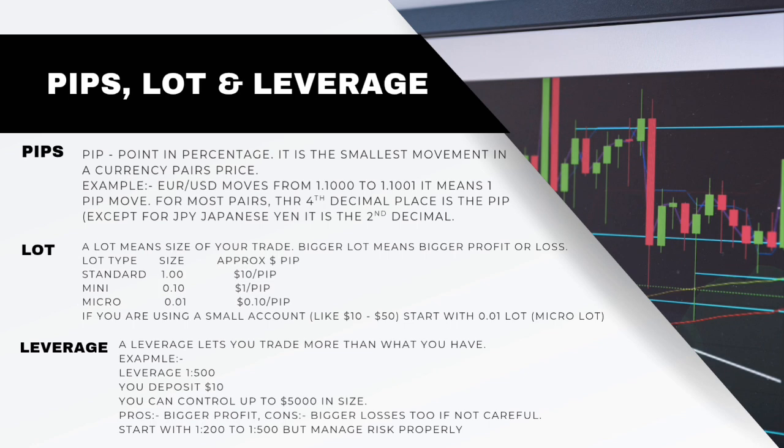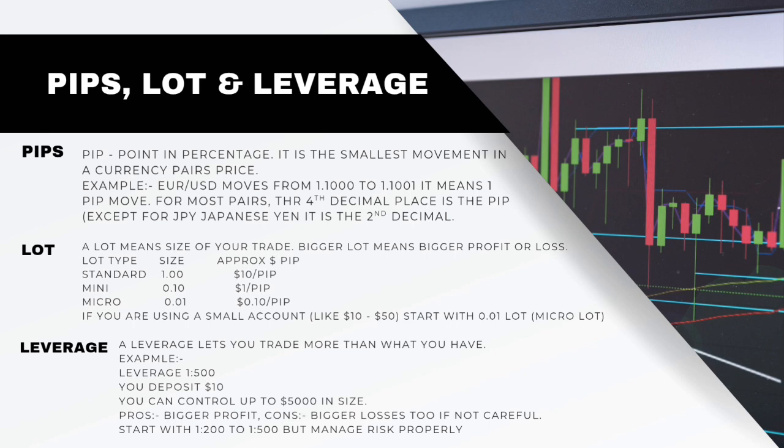If you are using a small account, like a $10 to $50 account, start with 0.01 lot size. That's the micro lot size. It helps you in leveraging properly, and that's what I'm going to talk about next.